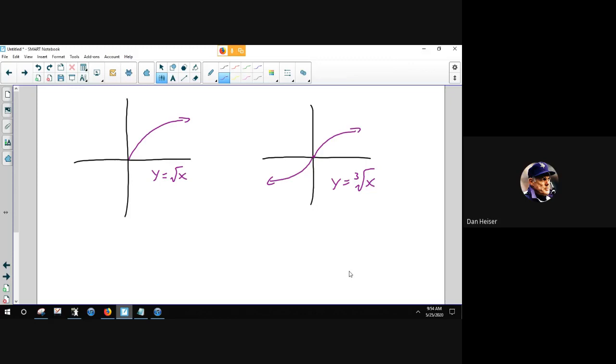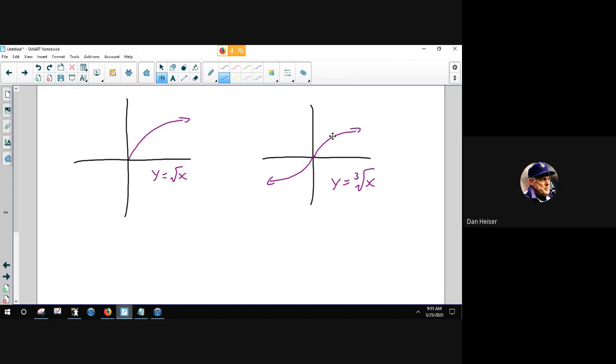With radicals, we already know what the plain vanilla radical graph looks like. What happens if we put an odd power there, like a cube root, for example? Well, now we can involve negative numbers. With square roots, we cannot take the square root of a negative. With odd powers, we can take roots of negatives. So we'll get sort of this mirror image in a way.